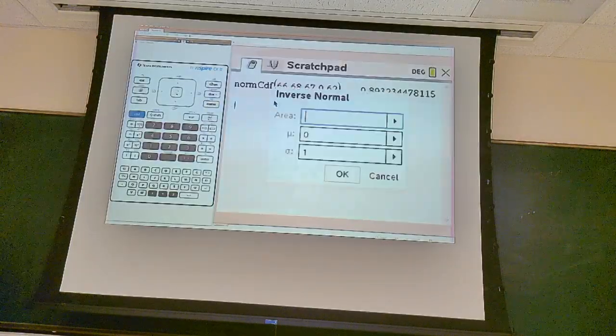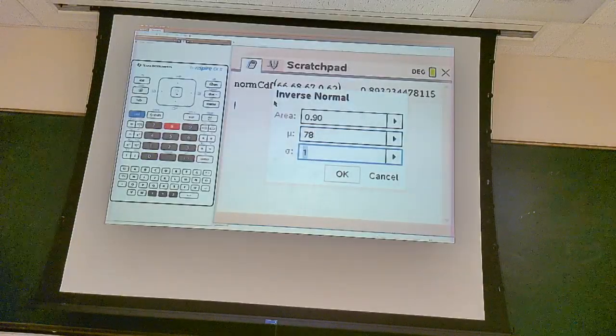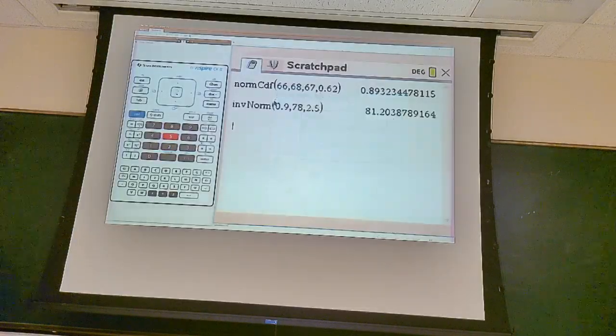Because they give us the area. 0.90, right? 90th percentile, 0.9 area to the left. 78 is the average. 2.5 is the standard deviation. Let's just stick with no decimal places. Say an average test score of 81, average of 81.